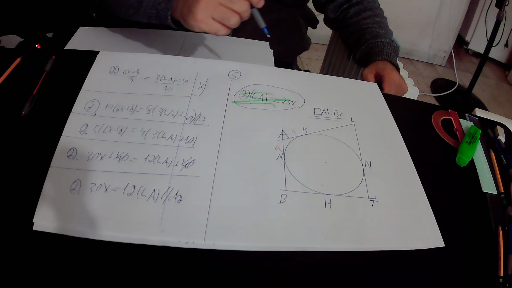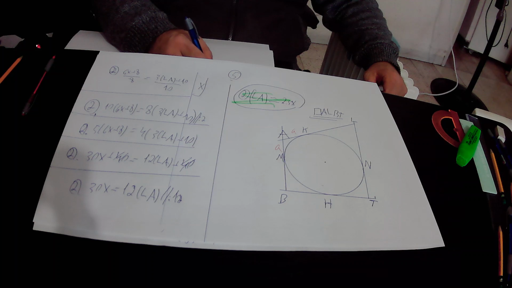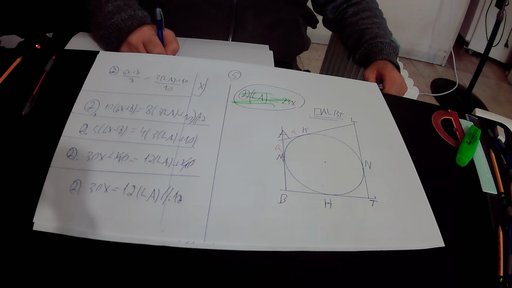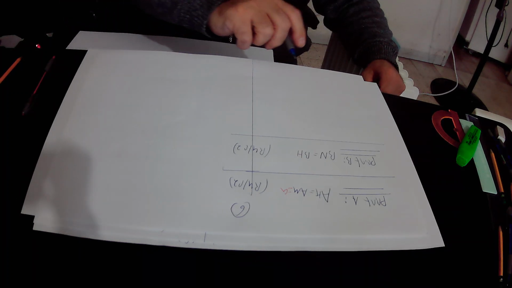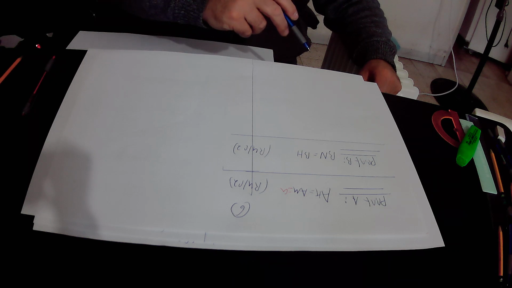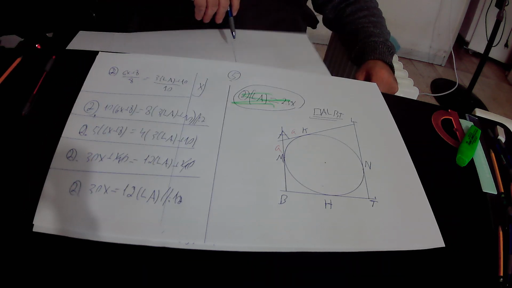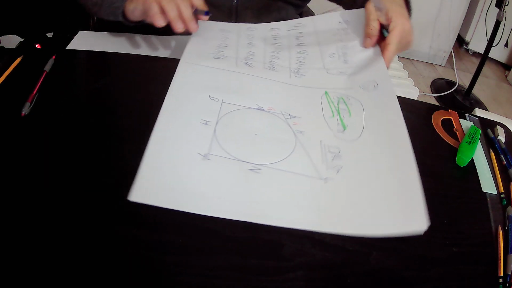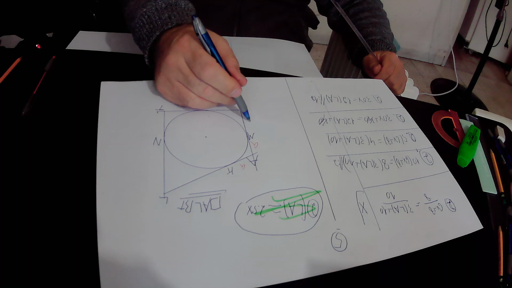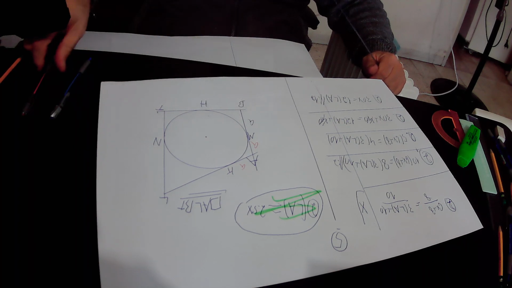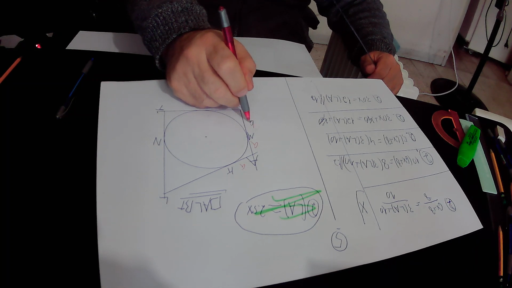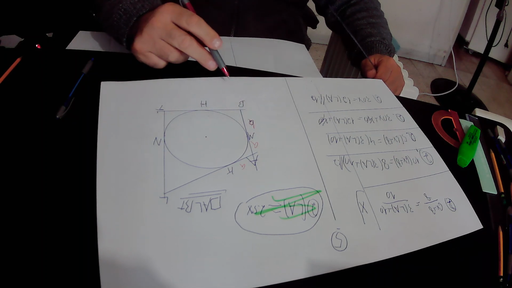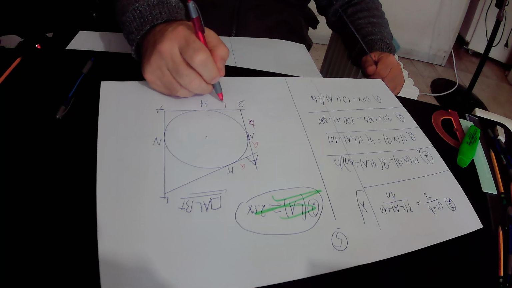So BN equals BH. If we define the length of tangent BN as B, then the length of tangent BH must also equal B because they are equal to each other.